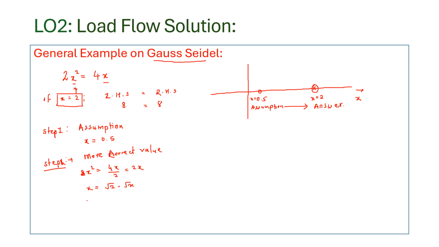Now what you do, you get the first corrected value x1, that is your first calculation. So root 2 into, now in the x I will substitute 0.5. So root of 0.5, and you will get this value as, I think, 1. Let me check it.